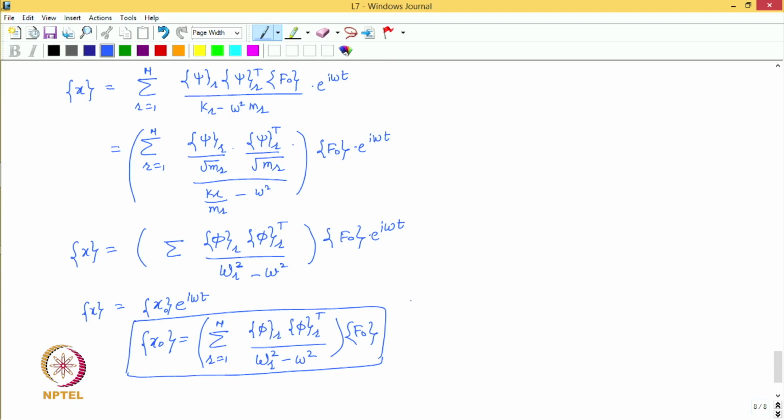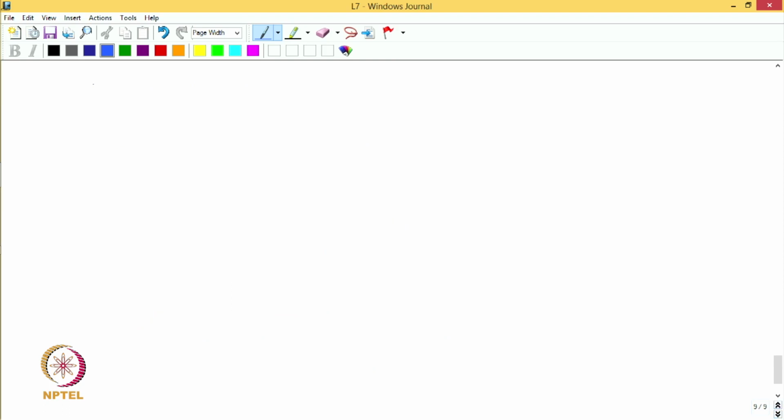This is the steady state response amplitude. So, this basically forms a particular part of the solution, right. So, now we find a complementary part.